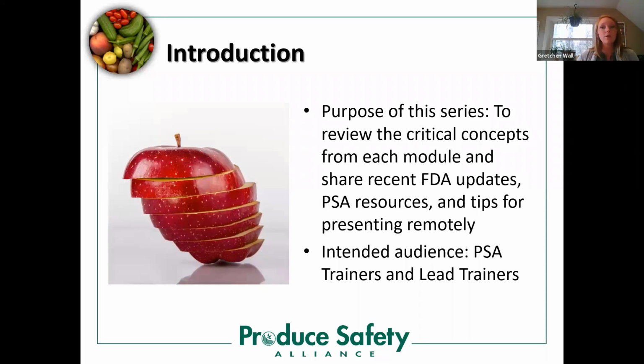And then we're also going to focus on presenting this content remotely, because as many of you are in the same position as the PSA team, we're not hosting many in-person trainings at this point in time because of the pandemic. So I will try to highlight some key tips for delivering this in a remote setting, for example, through Zoom like we're on now, or Adobe Connect, or some other type of online platform.